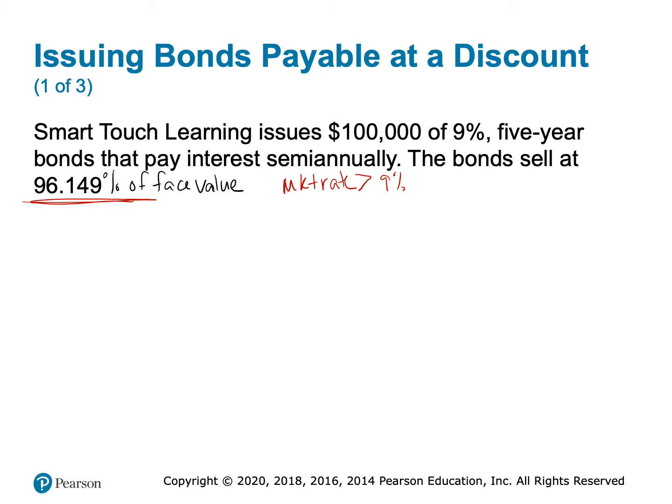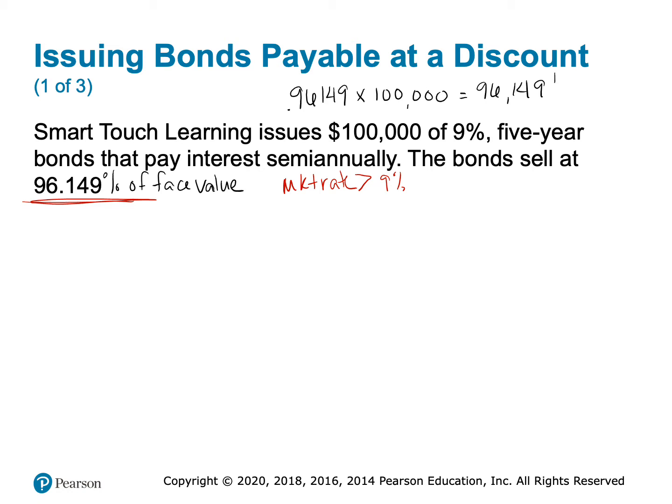In fact, if the selling price is 96.149%, that means I can calculate the selling price by converting that to a decimal. So 0.96149 multiplied by 100,000, I'm going to receive $96,149.